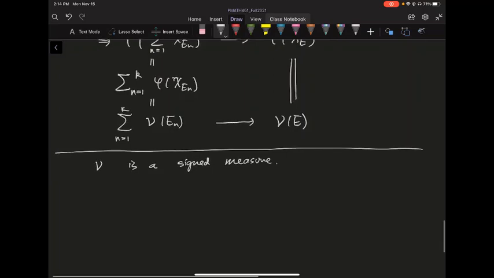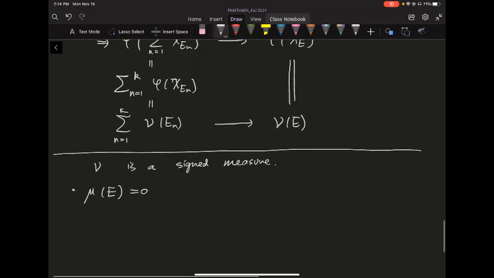Now, if I want to have a Radon-Nikodym derivative, I better have some absolute continuity. So let's assume mu of E is equal to 0. Then nu of E, by definition, is phi of chi E. But because mu of E equals 0, this chi E is 0 almost everywhere mu.